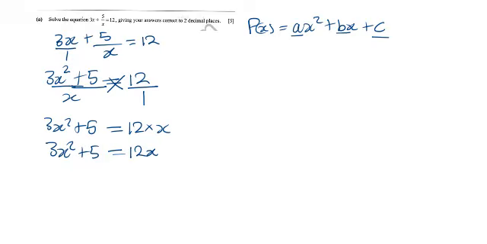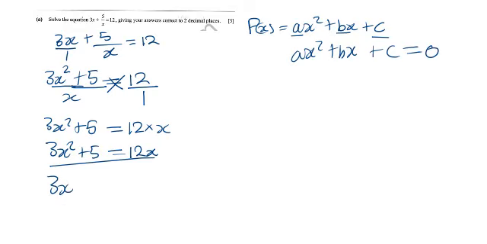And then we arrange this in the form of ax squared plus bx plus c equal to 0. So when you reach that point, you just say 3x squared, when 12x comes to the other side, it becomes negative 12x, like that, plus 5 equal to 0.